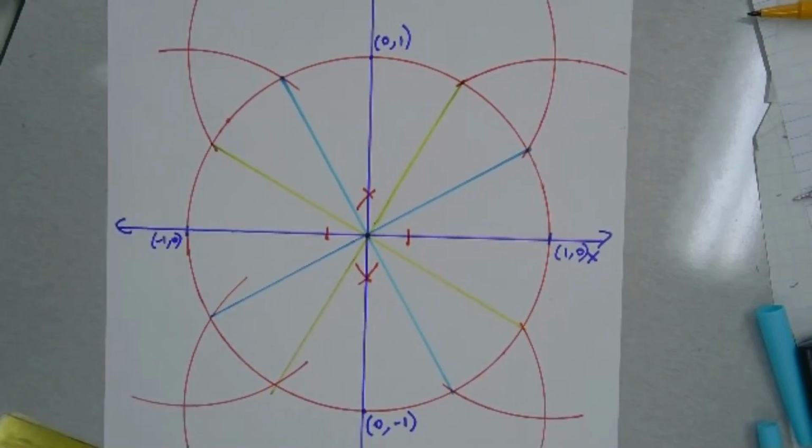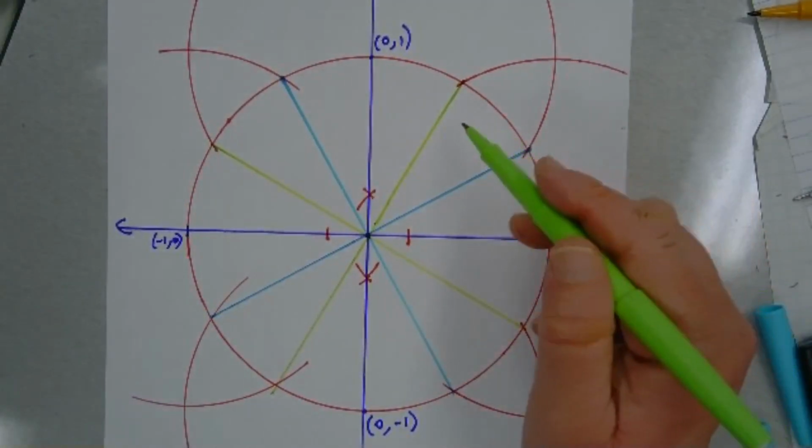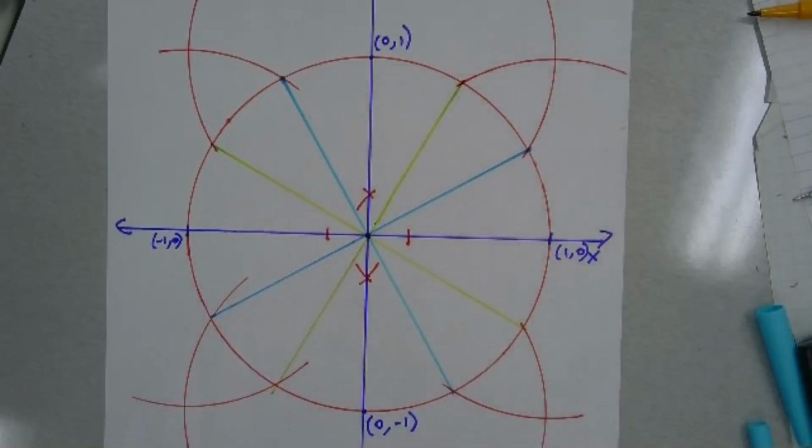So those are my 30, 60, 90 triangles all the way around. These are equally spaced. The more careful I was drawing this, the more they're truly equally spaced, but they're at least equally spaced in spirit.